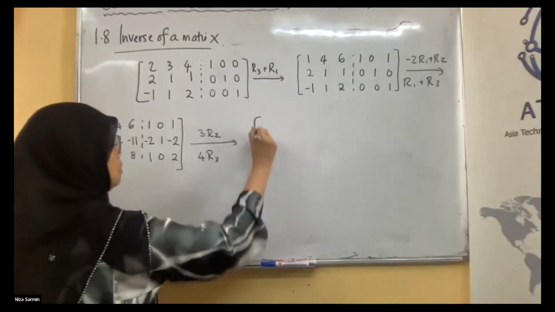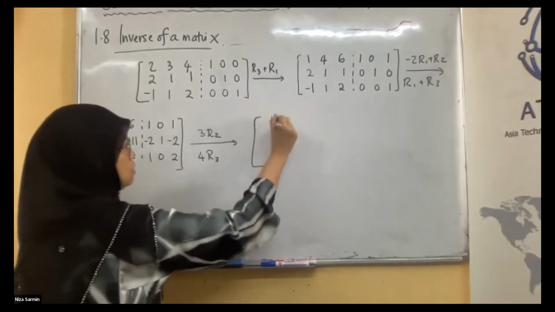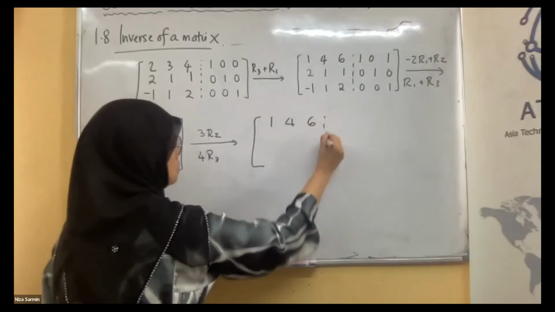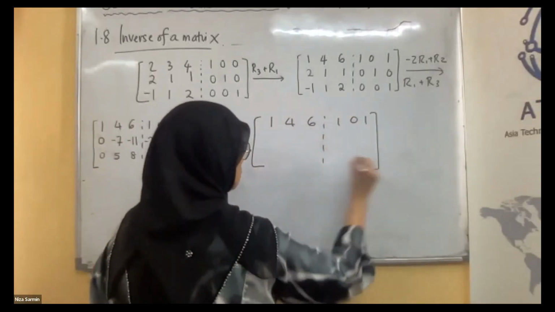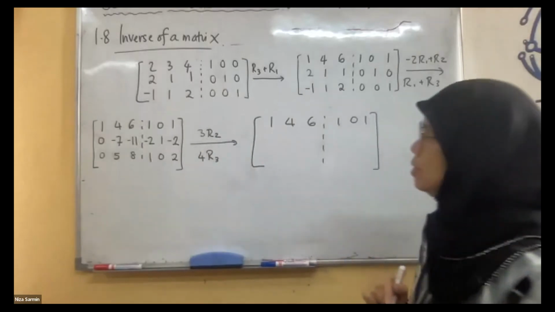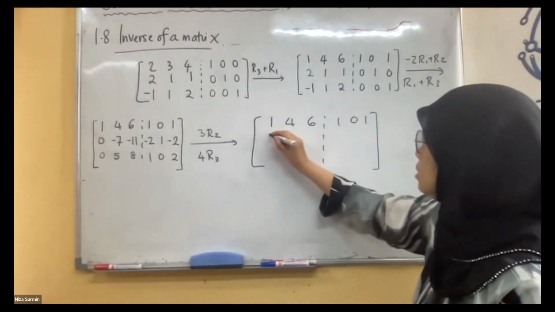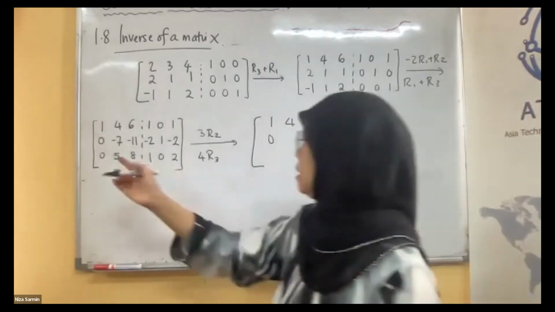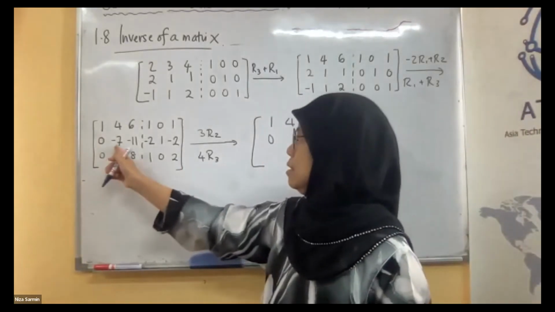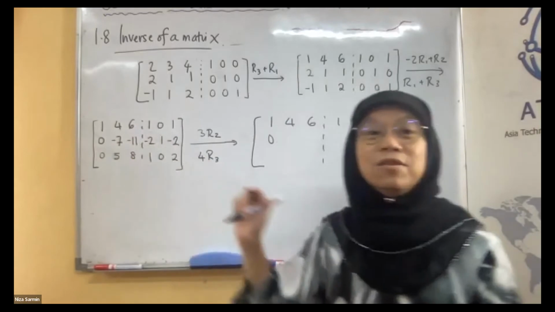So I will get 1, 4, 6, 1, 0, 1. Okay, and then I can multiply by negative.